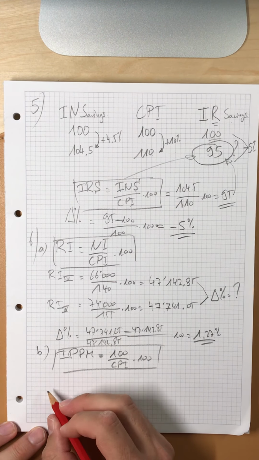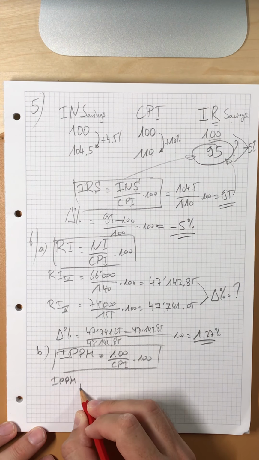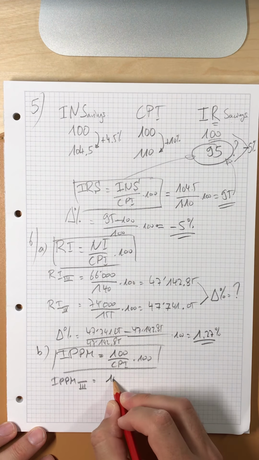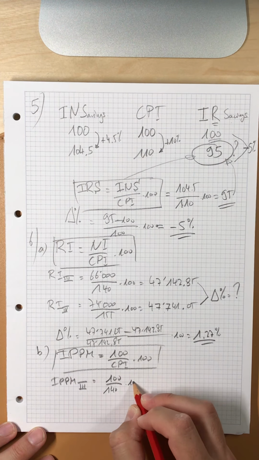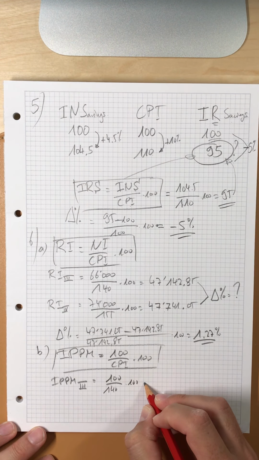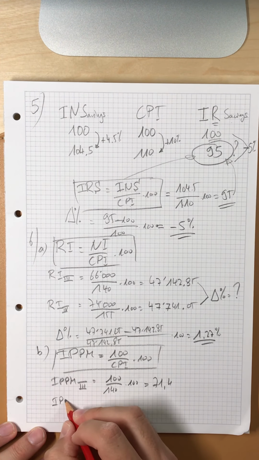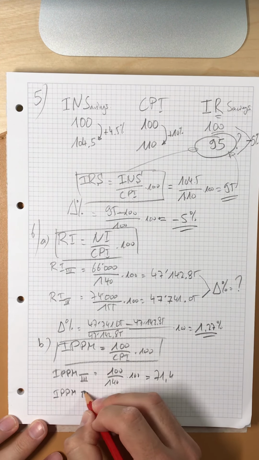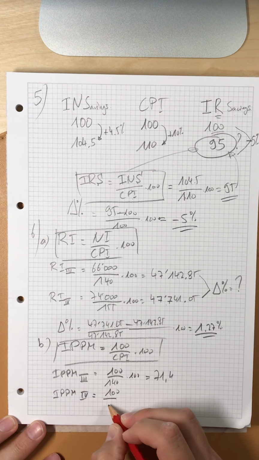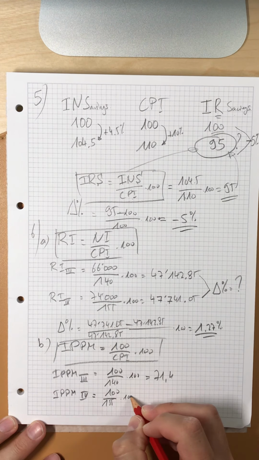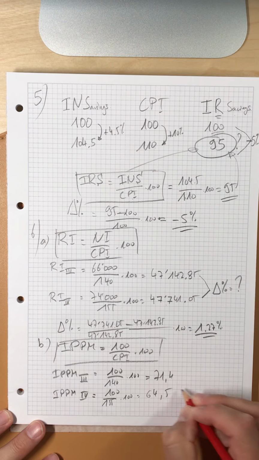So you will compute the IPPM of year 3: 100 over the CPI of year 3, 140, times 100, is equal to 71.4, and the IPPM of year 4 is 100 over 155 times 100, is equal to 64.5, I guess, yeah.